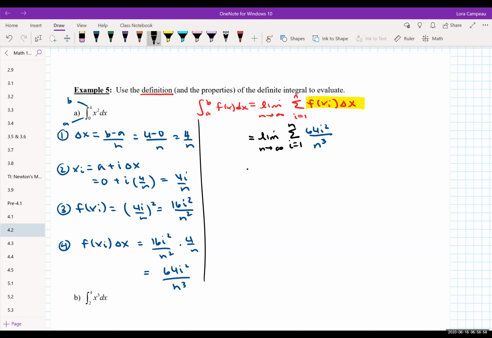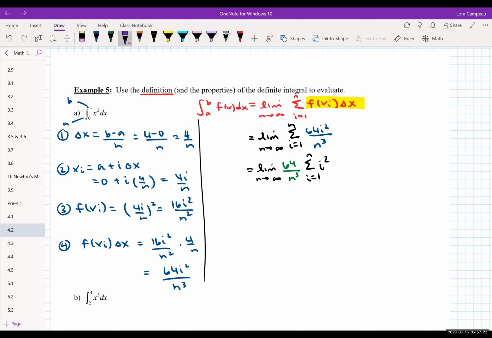Not completely from the limit because we have n's in the limit, but we can take 64 over n cubed out and then deal with the summation. What's left in the summation is the i squared. And then we remember the summation properties.